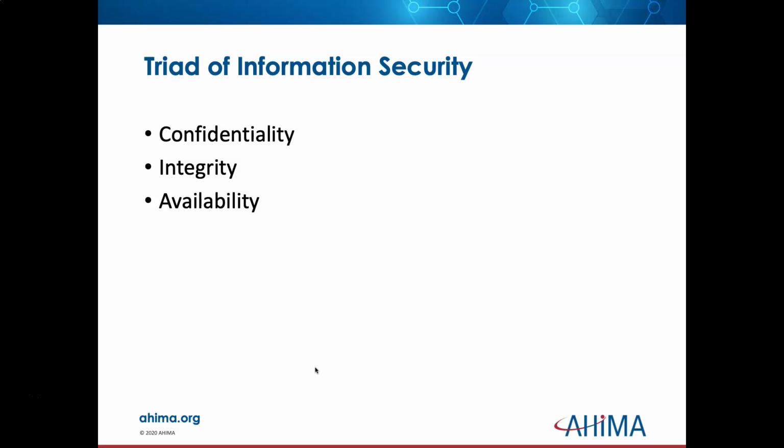Sorry about that if I did. Sometimes I get going and I just start flying, and I apologize. All right, well, anyway, that's what they're trying for. With information security, you want to maintain confidentiality, you want to be able to prove integrity, and you want to be able to provide availability.